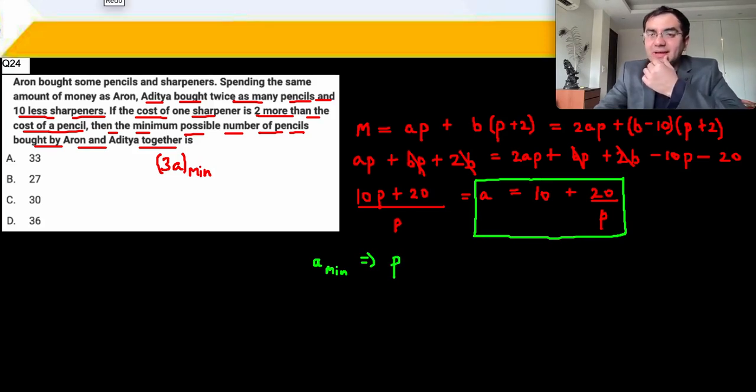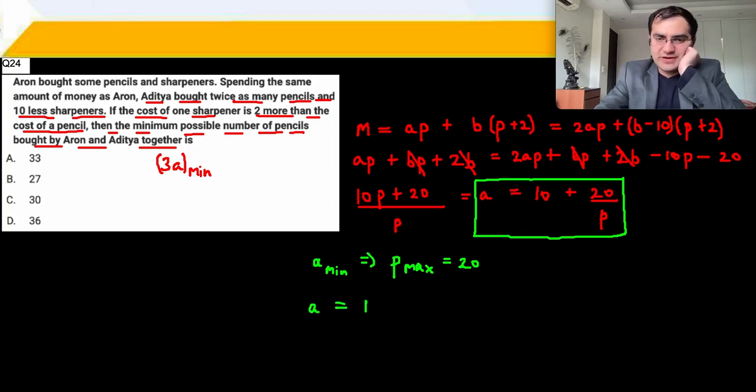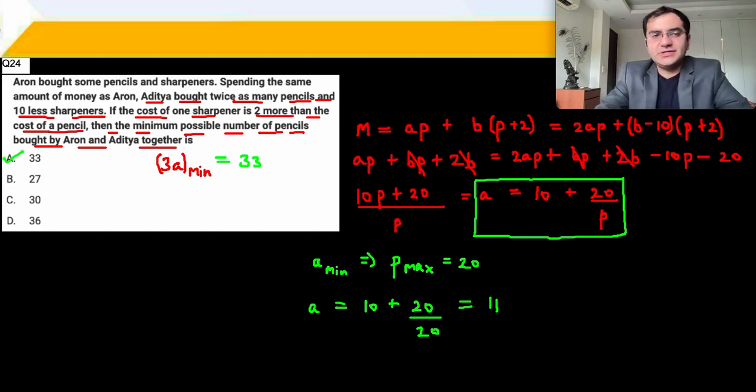P has to be maximum so that denominator आपका बड़ा हो जाए, and maximum value of P can be 20 because it is 20 divided by P. ठीक है? And we have to ensure that A is an integer, P is a factor of 20, largest factor of 20 becomes 20. So we find out A, 10 plus 20 upon 20 is 11, 3A becomes 33.